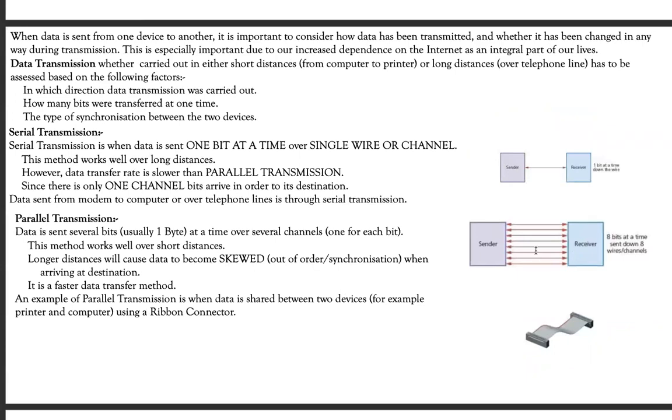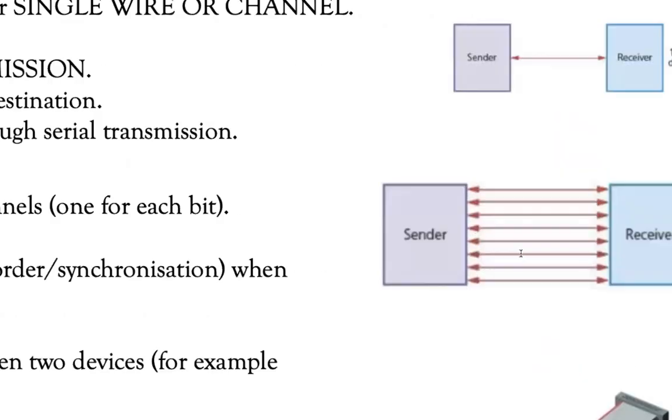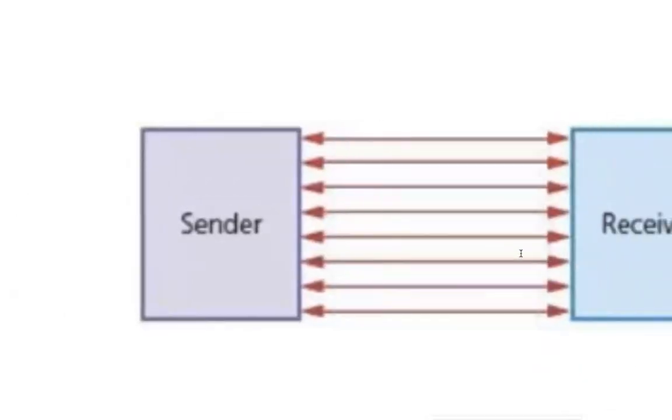Now, what is skewing? Let's try to understand this. Imagine that I'm trying to send data in this form. Say that my data is something like 0, 1, 1, 0, 1, 0, 1, and another 1.